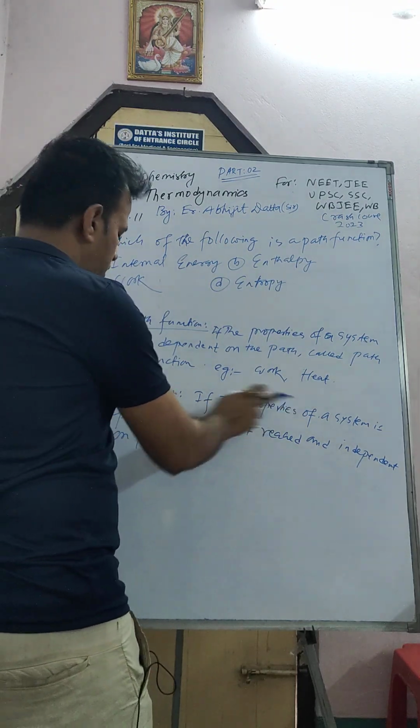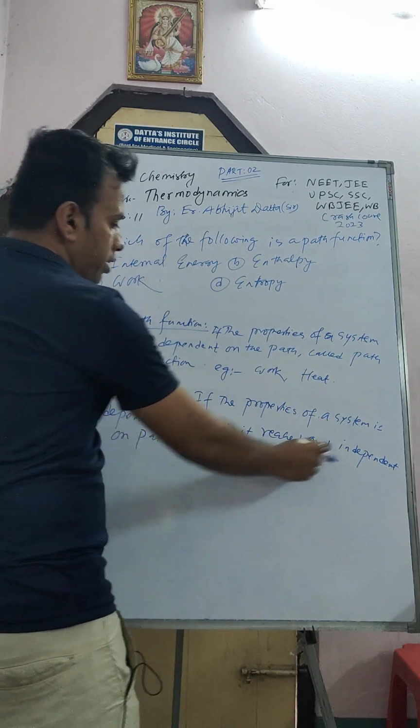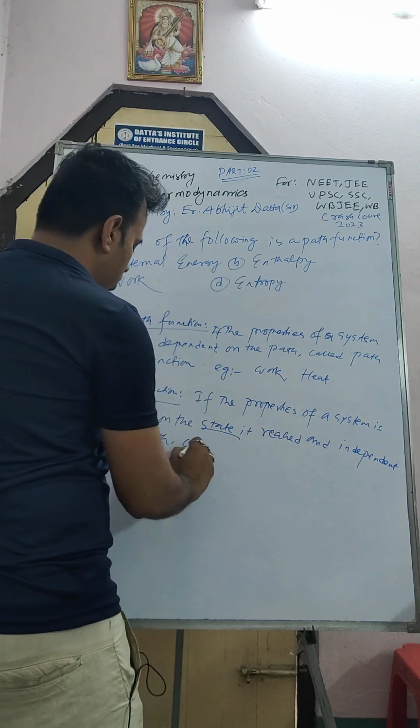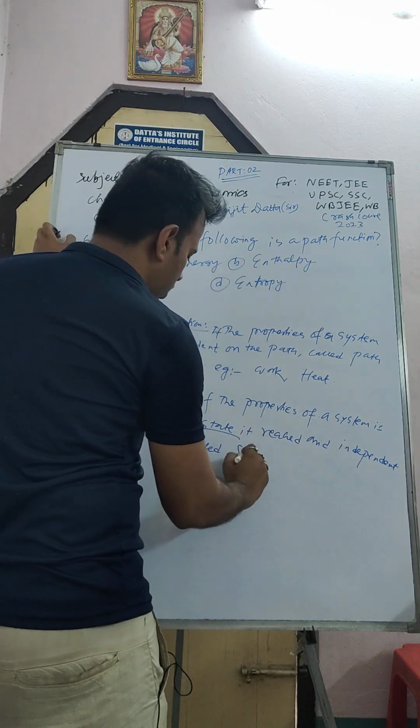If the properties of a system is dependent on state and independent on path, called state function.